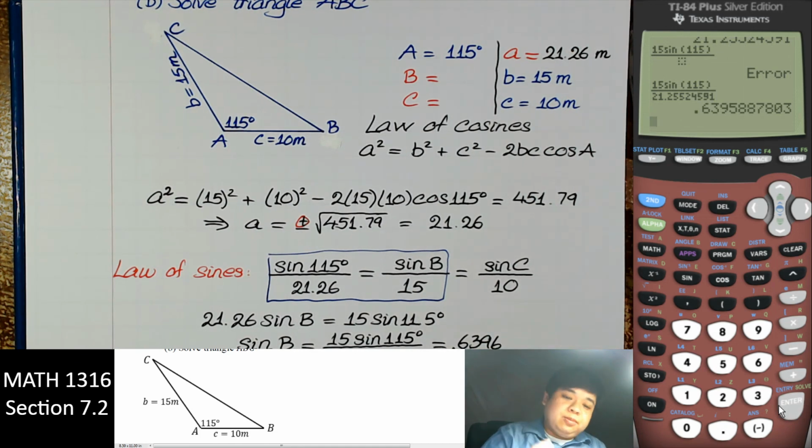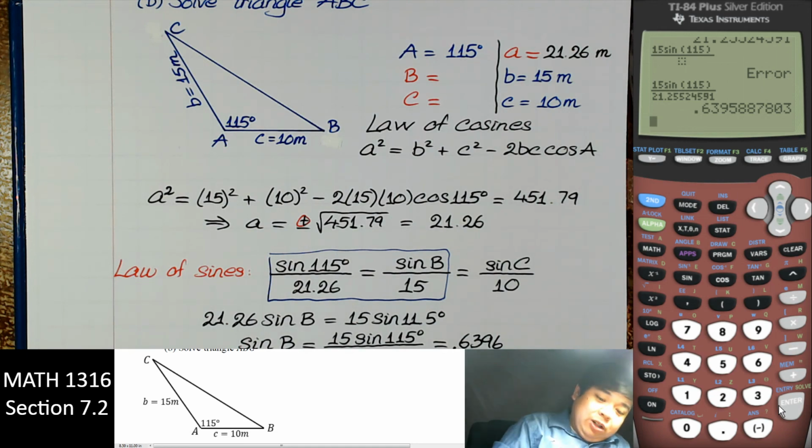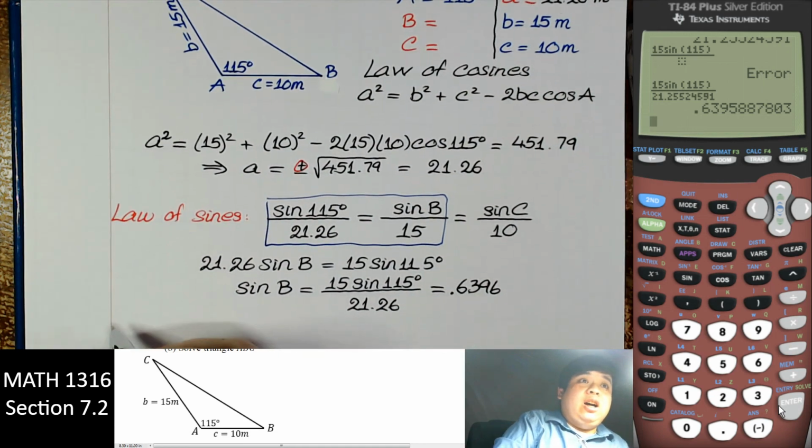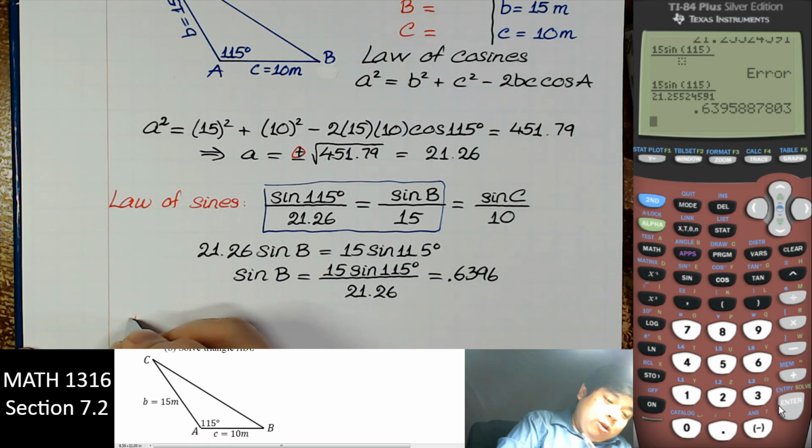We get 0.6396. Remember, when we do the inverse sine to find the angle, there are always two of them, right?